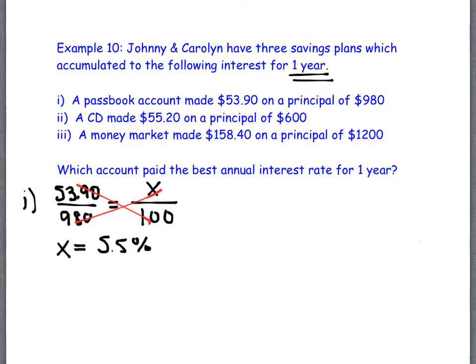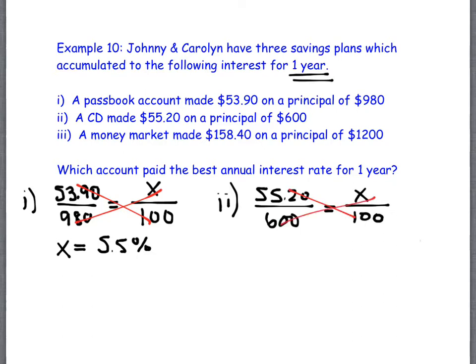Account number 2. How will I set this one up? Same exact way, you bet. 55.20 over 600 equals x over 100. And we shall cross multiply.